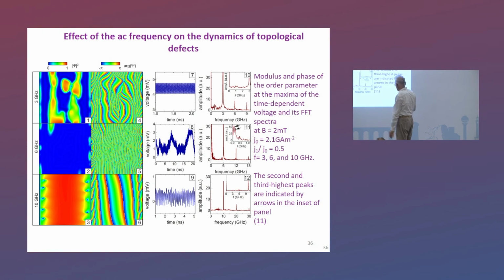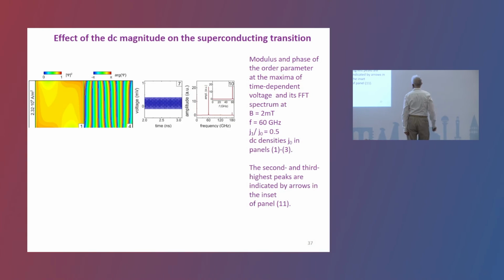Therefore, we have a kind of beatings in the voltage as a function of time, which are reflected in the fast Fourier transform, to the state when almost the whole sample is already normal, and certainly it gives only the frequency of the modulated current.